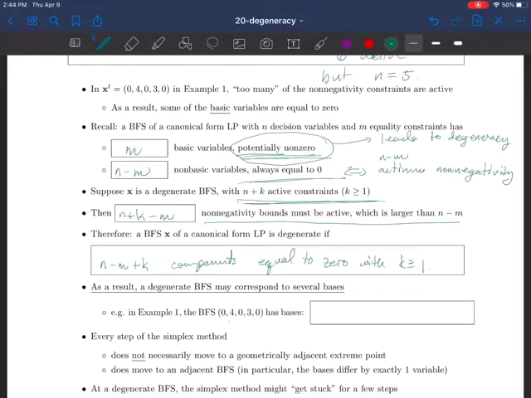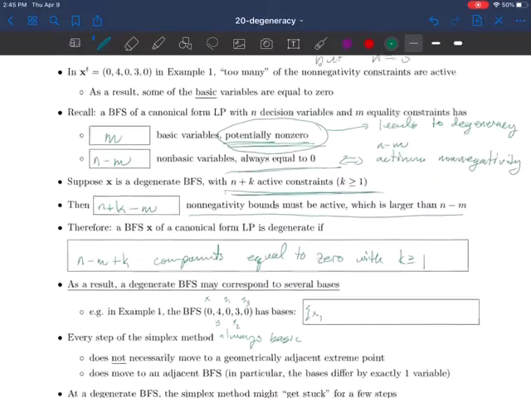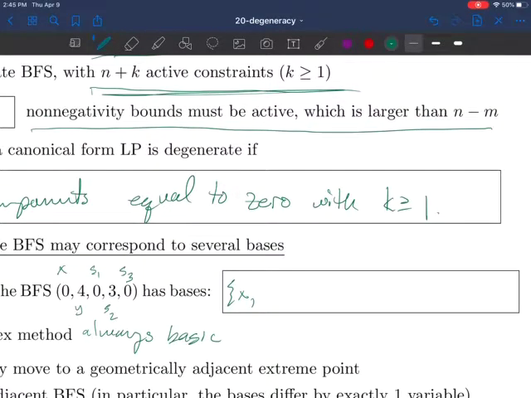And in particular for this one, for the bases you can choose, you always have to have this y variable and the S2 be basic because they are non-zero. But then you have to choose one of x, S1, and S3 to be basic too, to form your 3 basic variables.